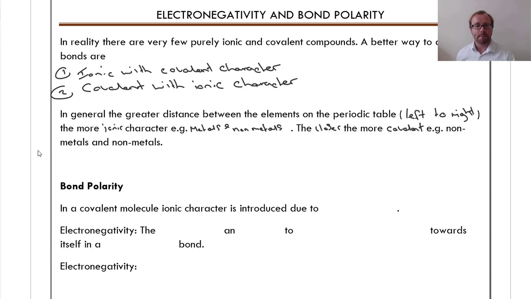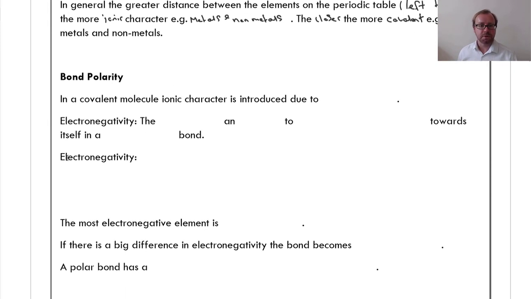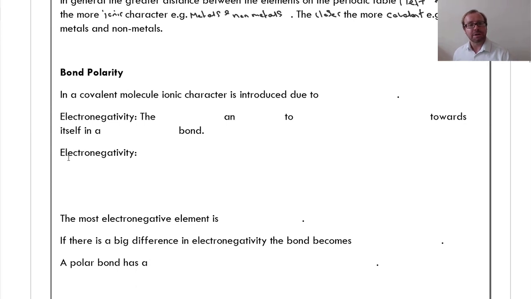Okay, so bond polarity. In a covalent molecule, ionic character is introduced due to something called electronegativity. So what is electronegativity?